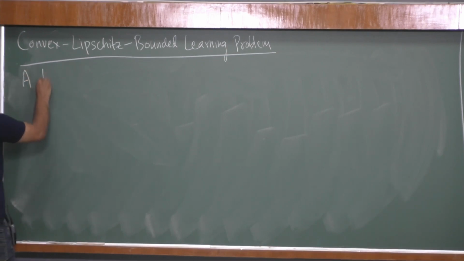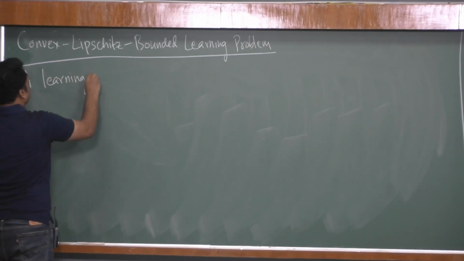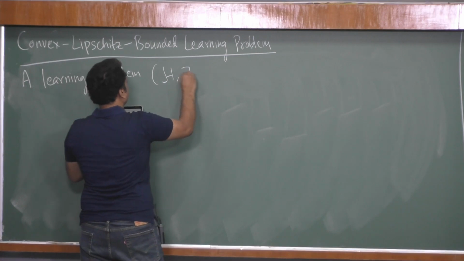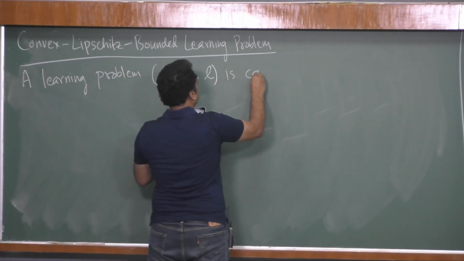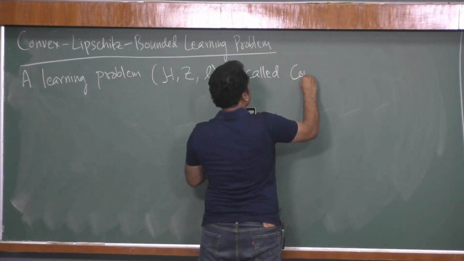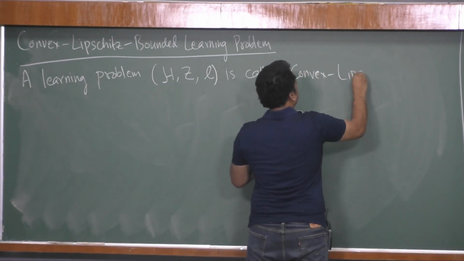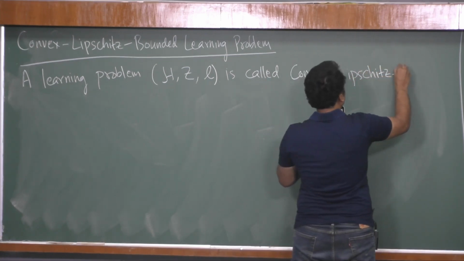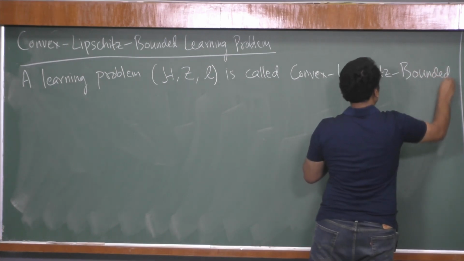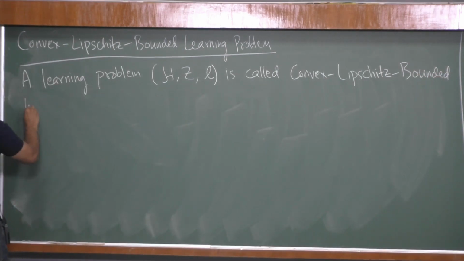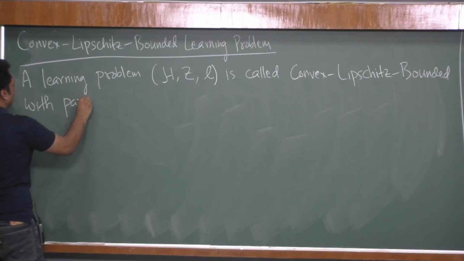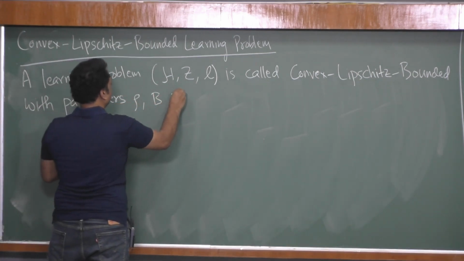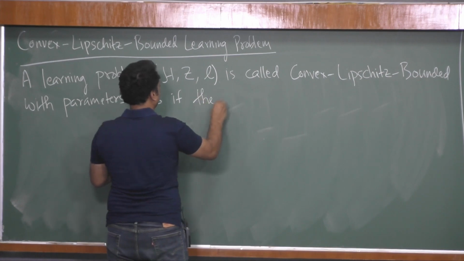So a learning problem (H, Z, l) is called convex, Lipschitz, and bounded with parameters rho, B if the following holds.